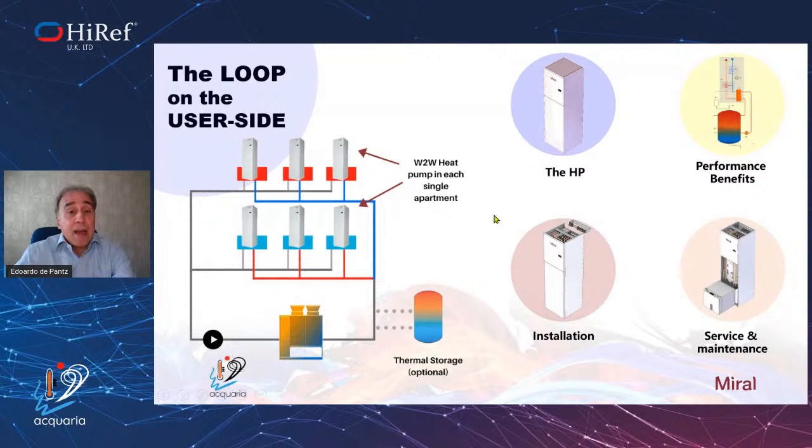In the next few slides we are going to show the characteristics of this heat pump, some performance and operative benefits of this unit, and then at the end some installation, service and maintenance benefits that we believe, especially for this kind of application, are quite strategically important.